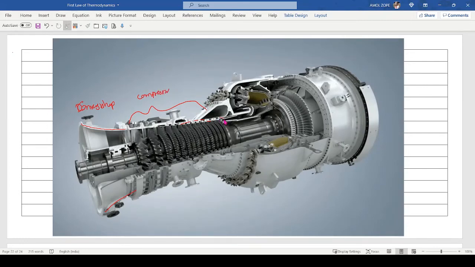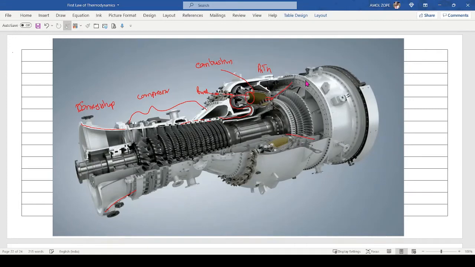Now into this compressor, after the higher pressure air comes into a chamber, here we add fuel through this fuel nozzle. So this is a combustion reaction. So we get high pressure, high temperature gases, and these gases will pass through a diverging section.